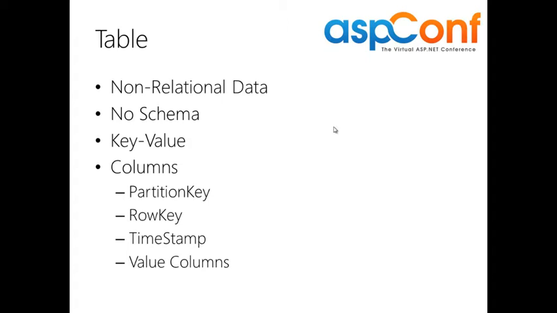Every entity that you store to a table, or in other words, every row that gets stored there, will always have these three columns: partition key, row key, and timestamp. And beyond that, you can add whatever columns you want as long as they are of a primitive data type.